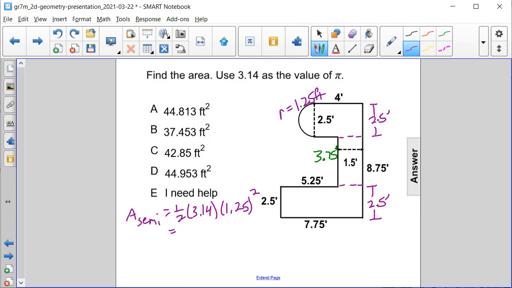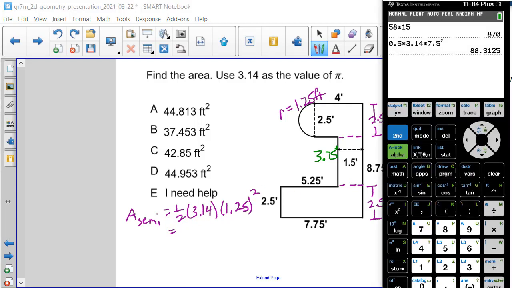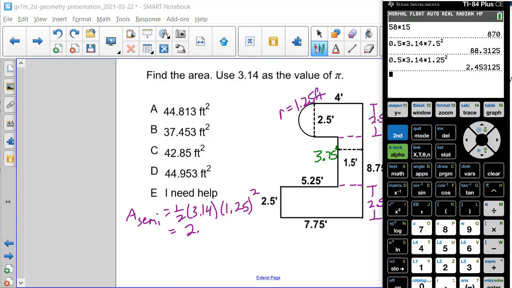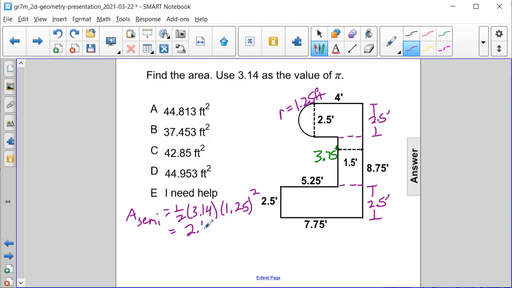So the area of the semicircle is going to be 2.453, and these all go to 3 decimal places. So that's 2 and 453 thousandths.